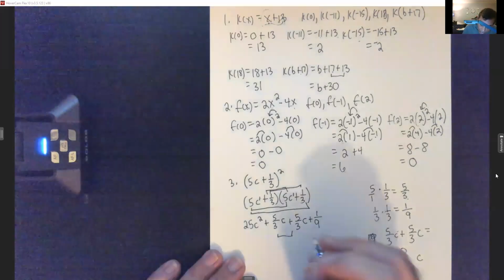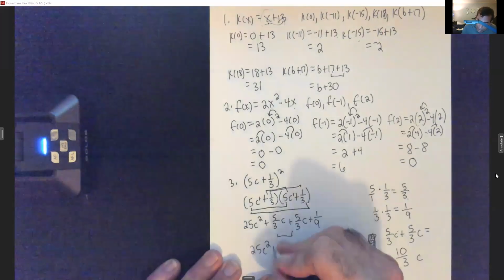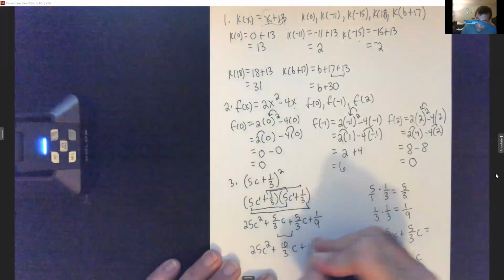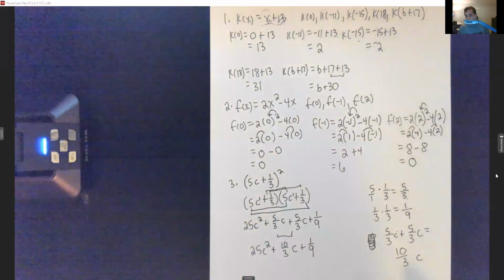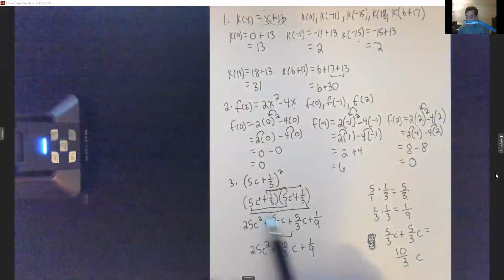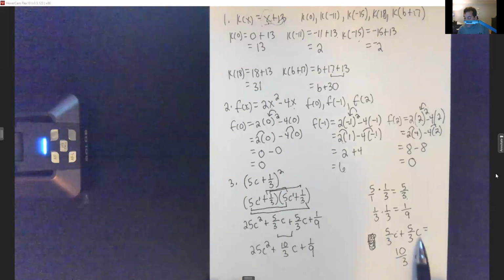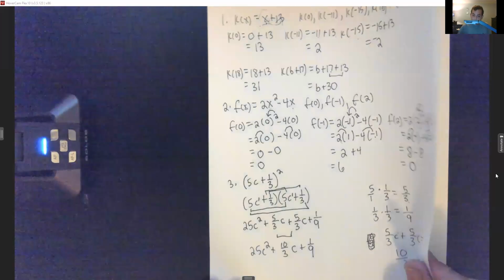So my final answer will be 25c squared plus my 10/3 c plus my 1/9 at the end. Okay, so the whole trick on that is, remember, multiplying, you multiply straight across. Adding, they have a common denominator, and then you just add the top. All right, so that's a little bit of foiling practice, and I think I got more of those.